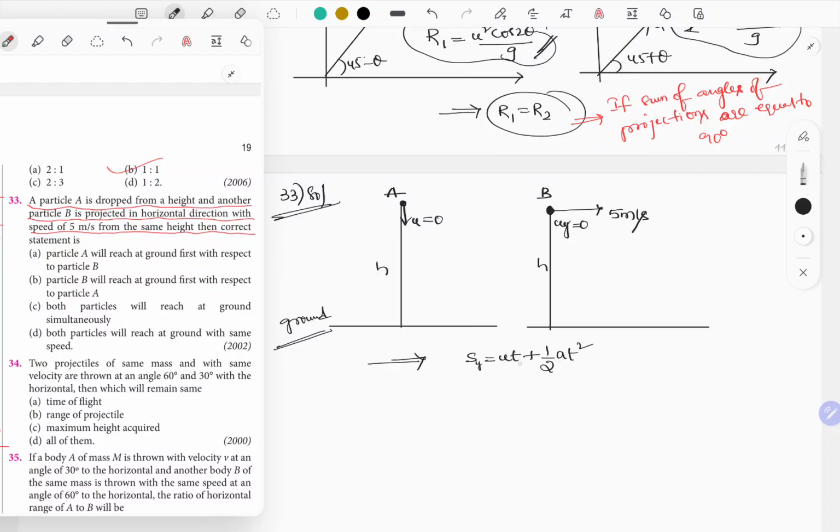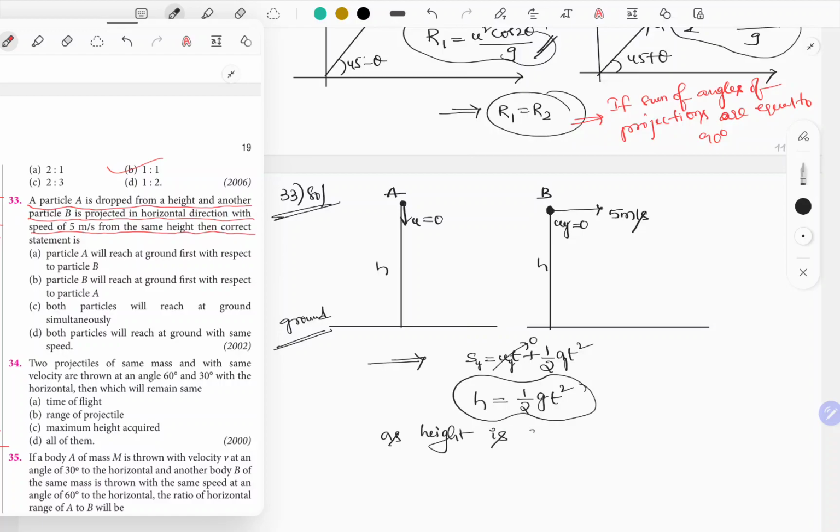The vertical components of velocities I have to consider, sy and ay. The initial vertical velocity in both the cases is going to be 0. Then S is equal to 1 by 2 g t square. S is represented as negative, so you can write it as minus h, and minus h and minus g will get cancelled. So you are going to get h is equal to 1 by 2 g t square. Is the height the same for both the cases? Yes, it is the same.